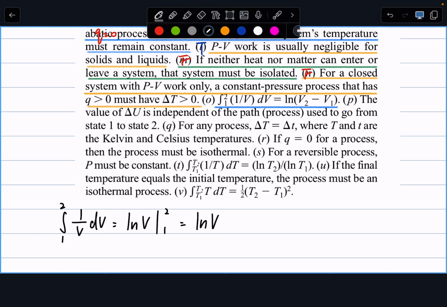So that's ln v2 minus ln v1. Obviously, by our understanding of the logarithm, ln v2 minus ln v1 equals ln of v2 over v1, not v2 minus v1. So that's a false statement.